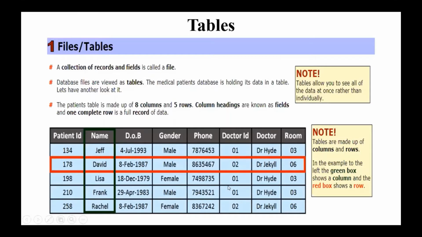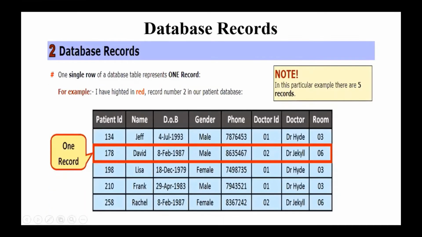So this is a sample table in which I have highlighted your row, or a record, with a red color, and I have highlighted your column, or an attribute or a field, with a green color, so that you can see what is a record and what is a field. Okay, so we will go to records. We have seen this already. This is known as a single record. Why is this known as a single record?